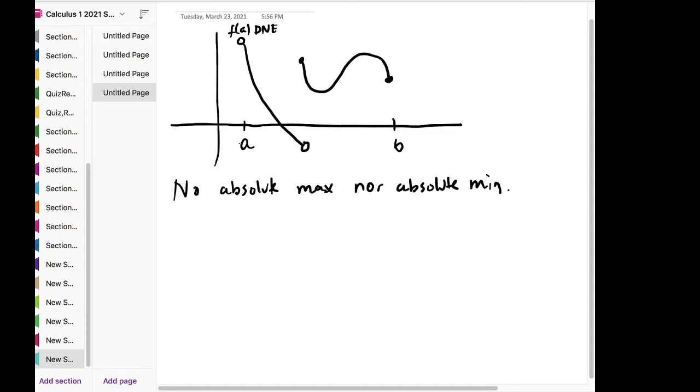Here, let's call it C. F of C does exist. It's up there. But that's the key point. If there was an absolute min, can you look at it? Surely there's still something down here, and surely there's still something up there, but you can't point at it, right?